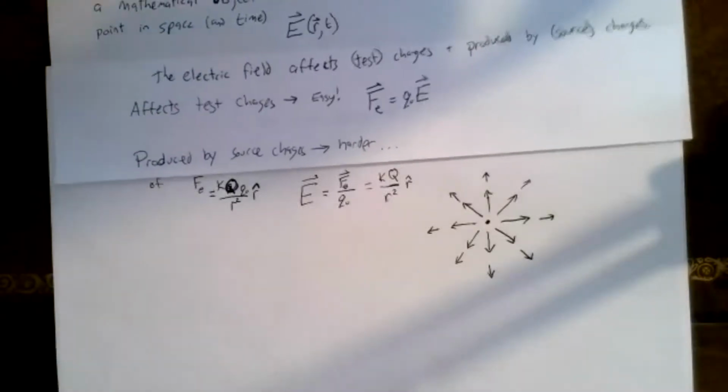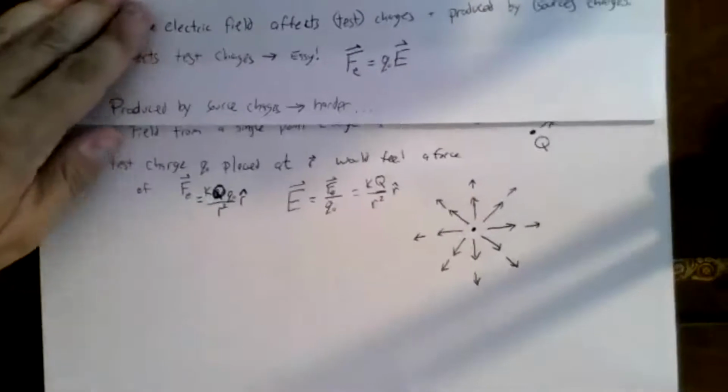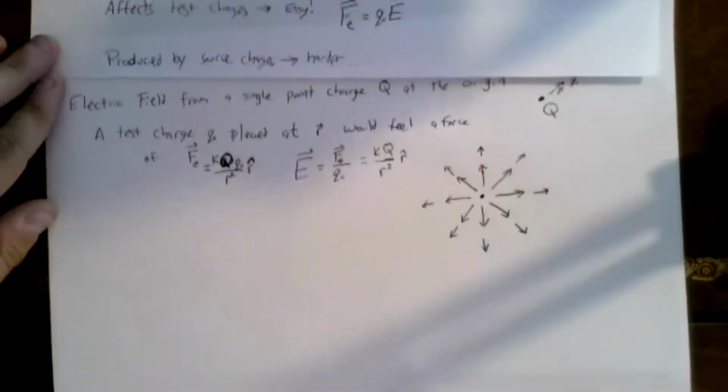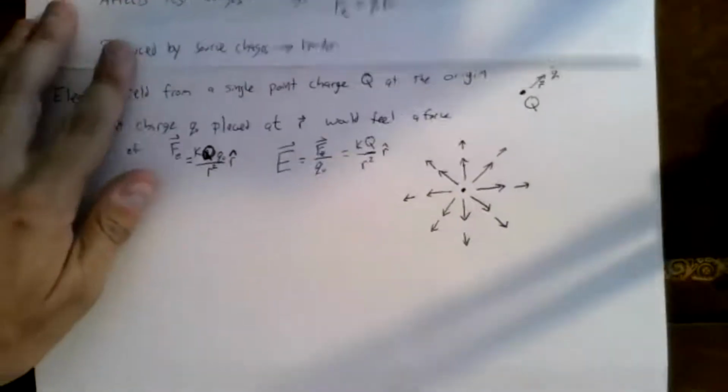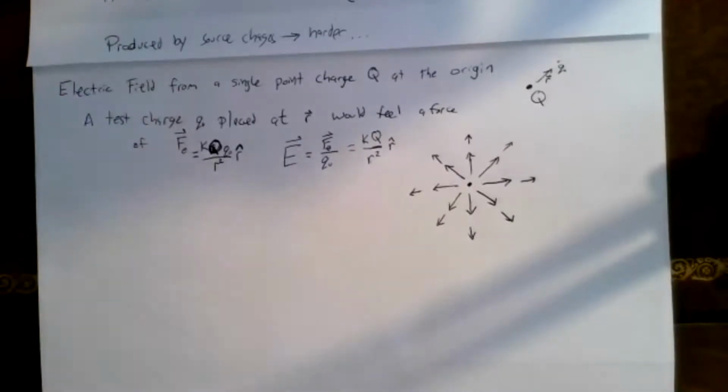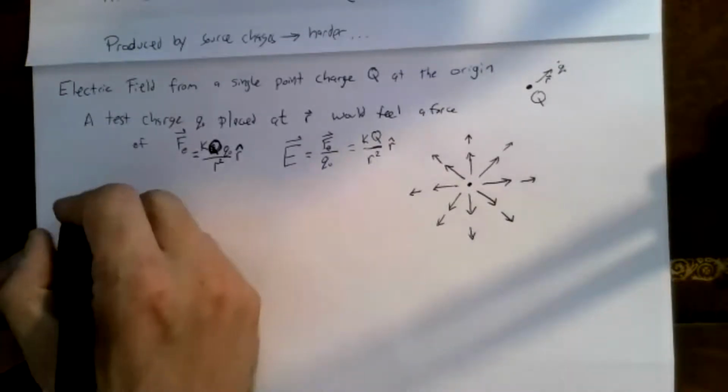All right. So that's the electric field from one single point charge. And we can find the electric field from more than one point charge by using the superposition principle.